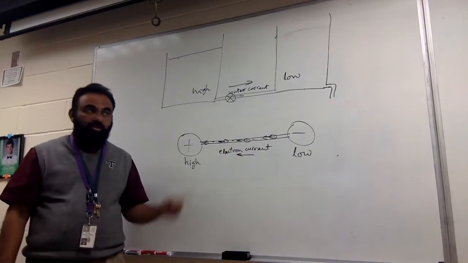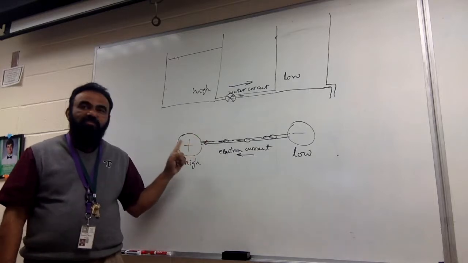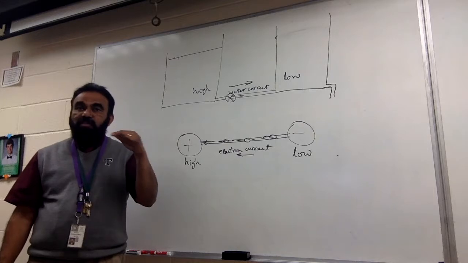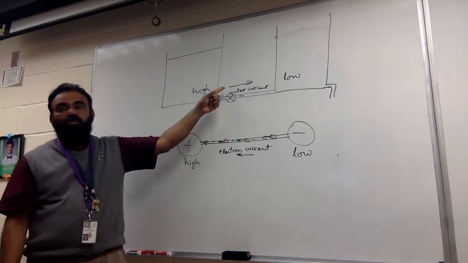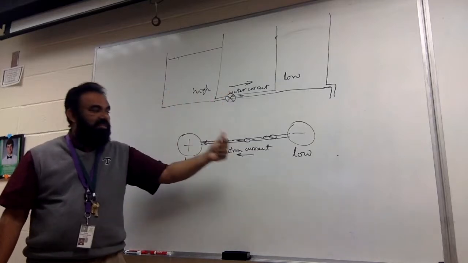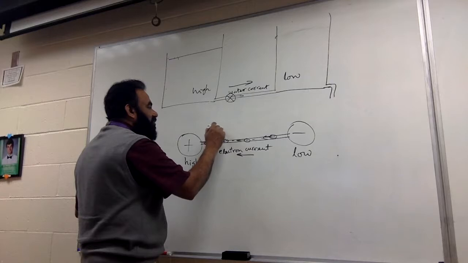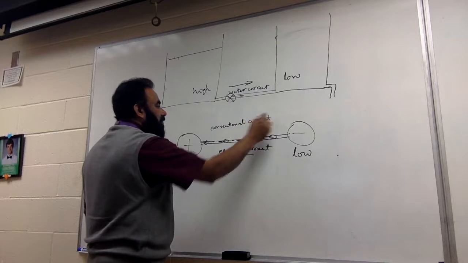Positively charged ones should have gone that way, right? If there were positive charges that could move, then they would have gone that way, just like the water. That's why, even though the electron current is in this direction, we call the conventional current that way.